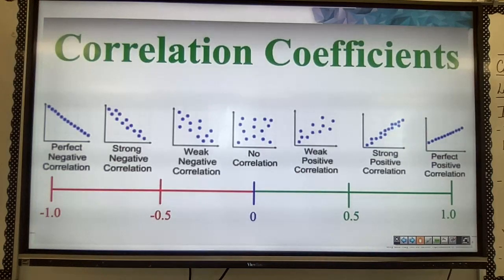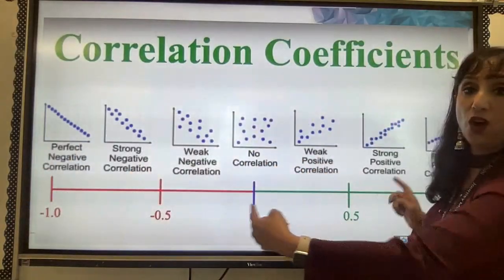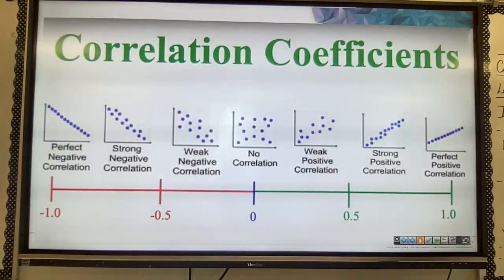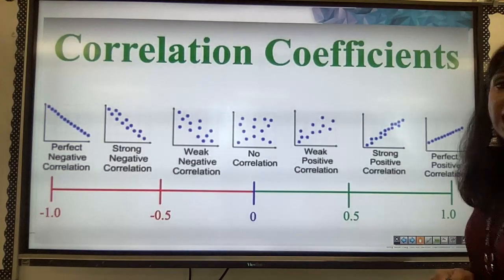And the closer the correlation coefficient is to 1 or -1, those are the perfect correlation coefficients, because that's showing that the equation models the data more closely.